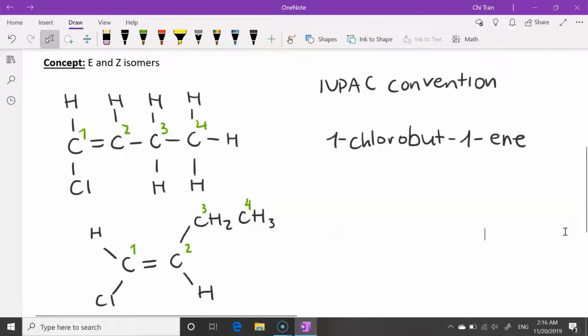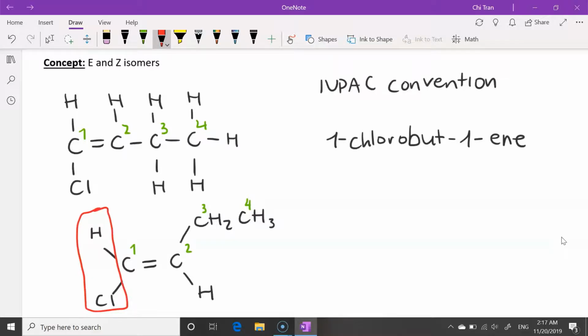So how we distinguish between E and Z isomers is we need to compare the atoms or substituent groups that are bonded to the same carbon. So here we need to compare the hydrogen and the chlorine, as they are both bonded to the first carbon.